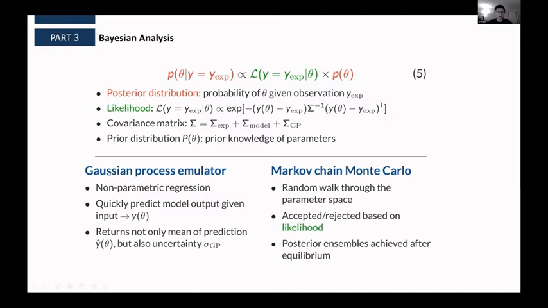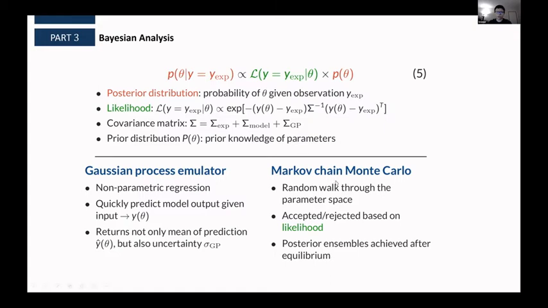The Gaussian process emulator is a statistical model to quickly generate model output without actually calculating the model, because that takes exponentially more time as the number of your model parameters grows.